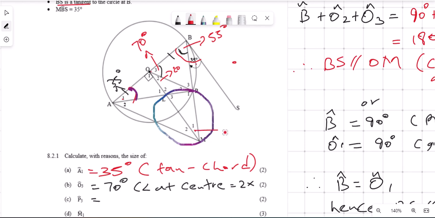M1 is 35, is that correct? Yes. And this is OP that we're talking about. And this angle is also 35, is that correct? Yes.